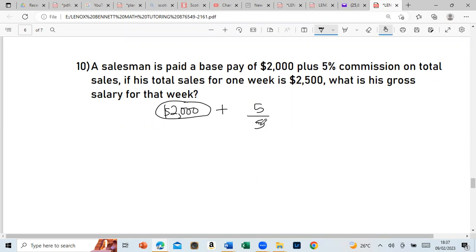And this represents the total sales, right? So you find 5% of the total sales, which is 2,500. Everybody understand what I'm saying? Your commission is a percentage of what you sell. So the more you sell, the more money you get, and so on. So that is an incentive pay.